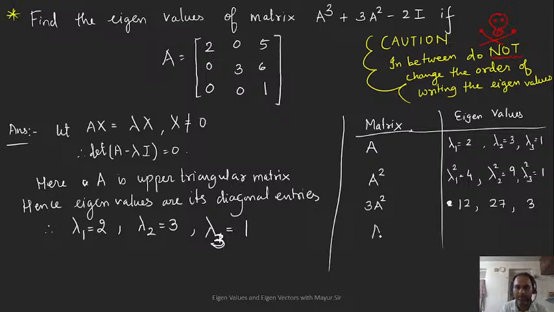For A cube you will have 2 cube, so 2 cube is 8, and here 3 cube is again 27, and 1 cube is 1.